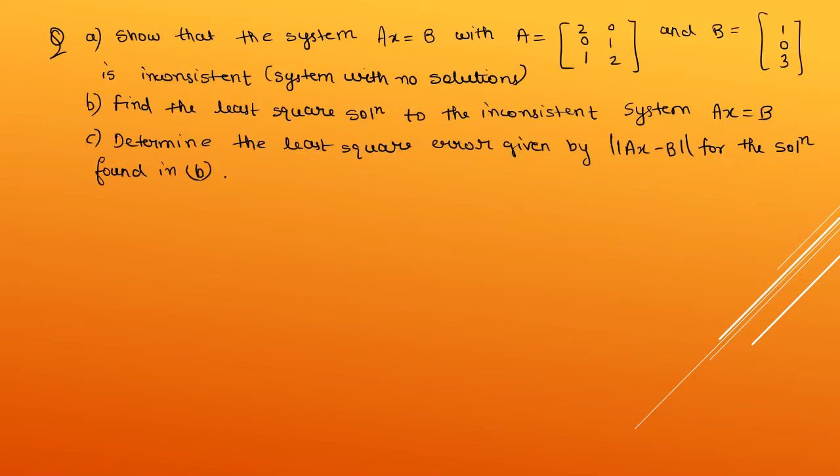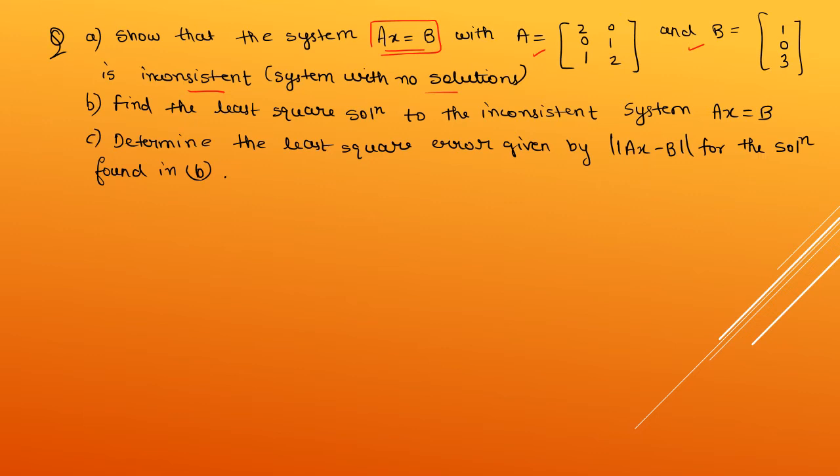The question is: show that the system Ax is equal to B, with A equal to this and B equal to a column matrix, is inconsistent. The first part is to show that this system Ax is equal to B does not have any solution. For that you simply put the values of A and B and find the value of x.